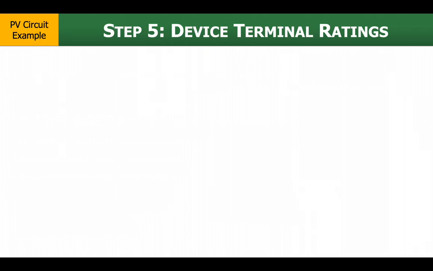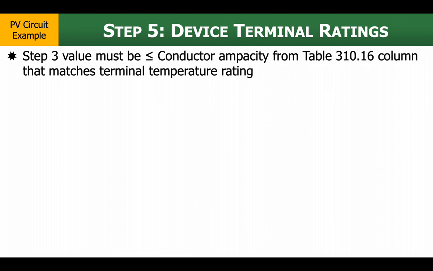Step 5, device terminal ratings, continuing with the PV circuit example. The idea here is that our step 3 value, right? What was our step 3 value? Think back. It was maximum circuit current times 1.25 or maximum circuit current adjusted for conditions of use, whichever was bigger. In this case, because of our conditions of use factors, our maximum circuit current adjusted for conditions of use was driving our conductor ampacity requirement.